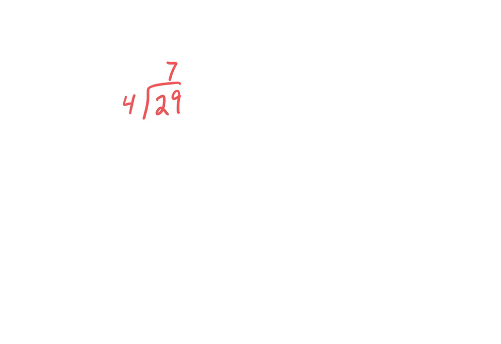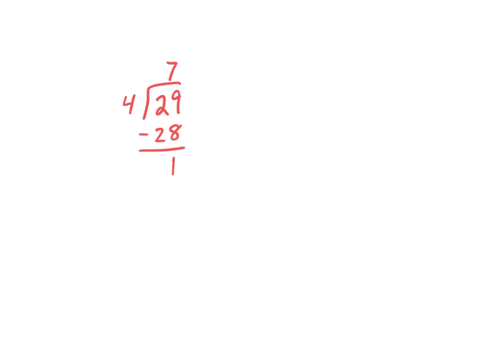So I'm going to put 7 up here, and then take 7 times 4, which is 28. Whatever I get underneath, I subtract from the 29, and so we have 1 as my remainder.